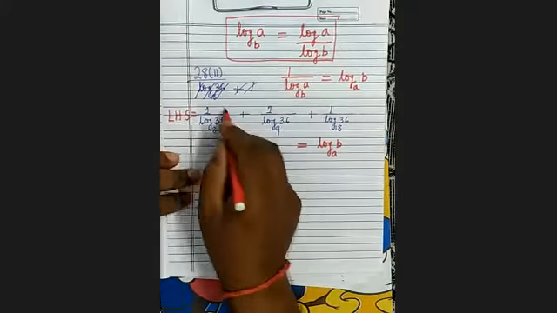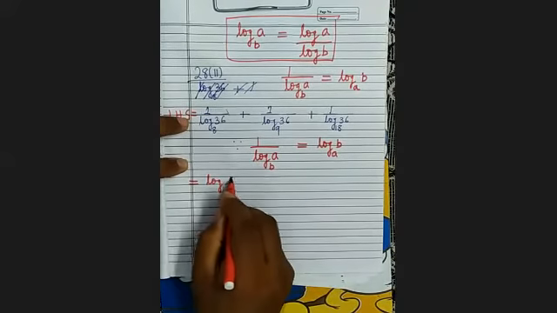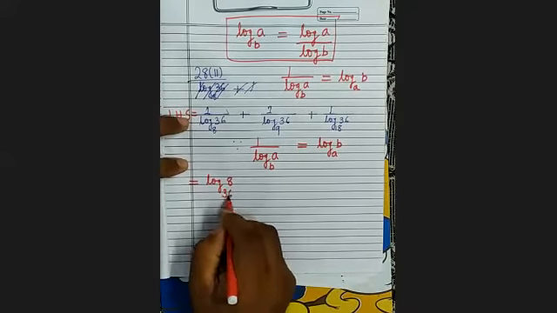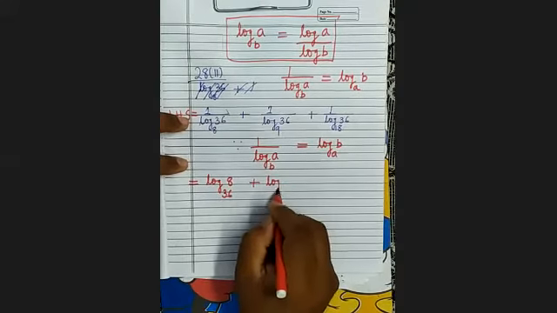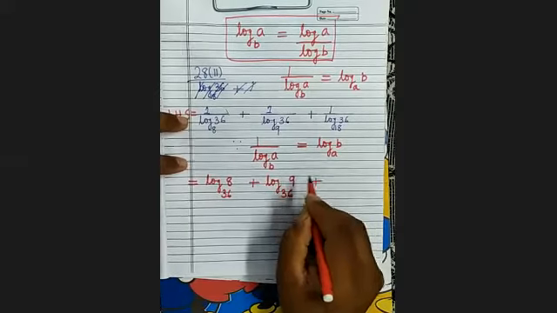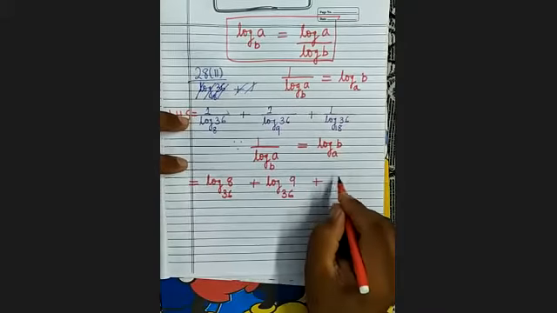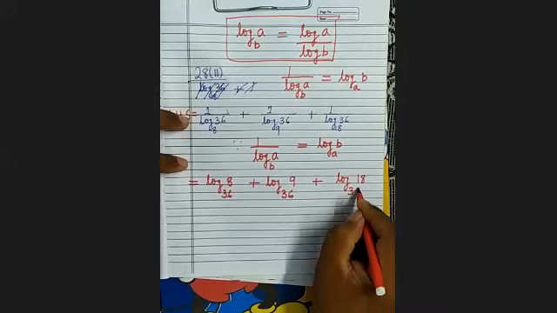So what will happen to this? This will become log 8 to the base 36. This will become log 9 to the base 36. Both will interchange. Log 18 to the base 36.